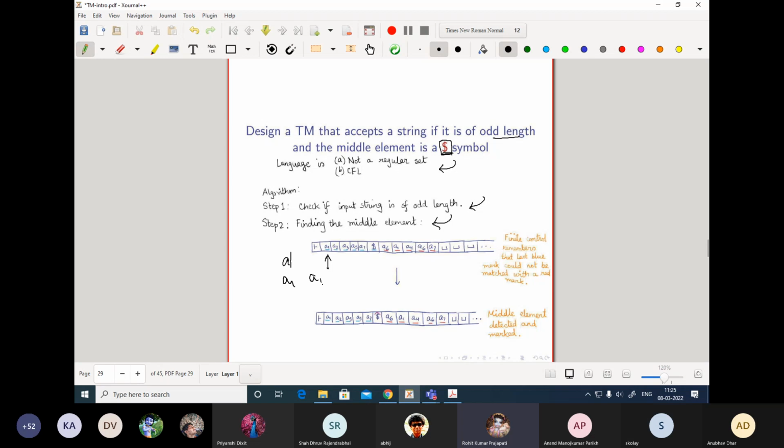So if I have A1 in sigma, then in gamma, I will also have A1 underlined by blue and A1 underlined by red.